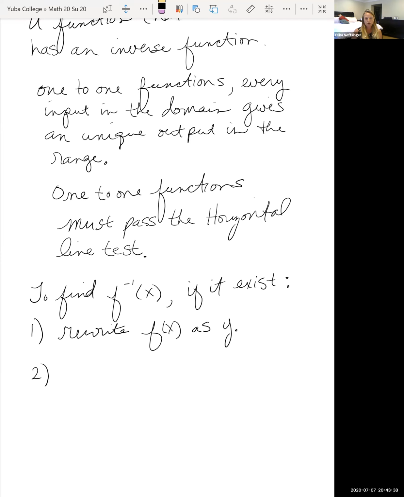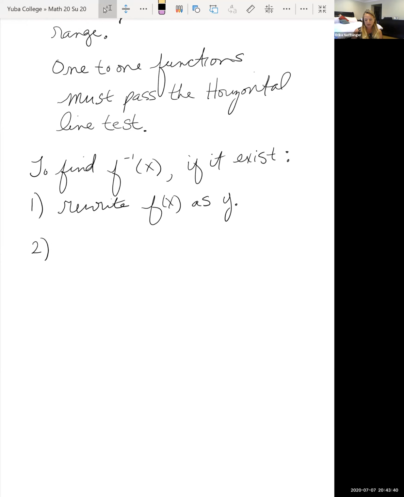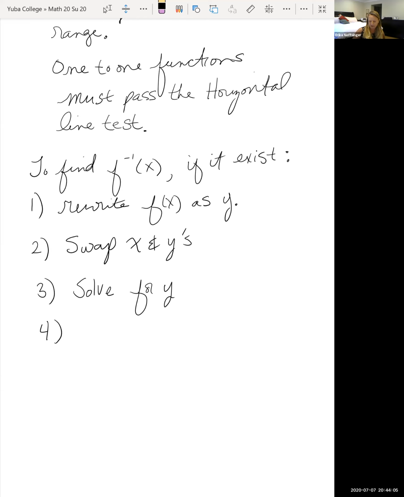And then once you rewrite that as y equals something, now you're going to interchange your x and y values. So wherever you see an x, you're going to plug in y, and wherever you see a y, you're going to plug in x. So swap x and y. Once you've done that, you're going to solve for y. Once you solve for y, rewrite y as f inverse of x.